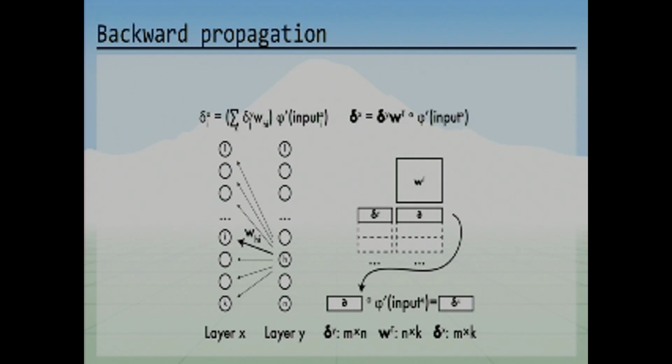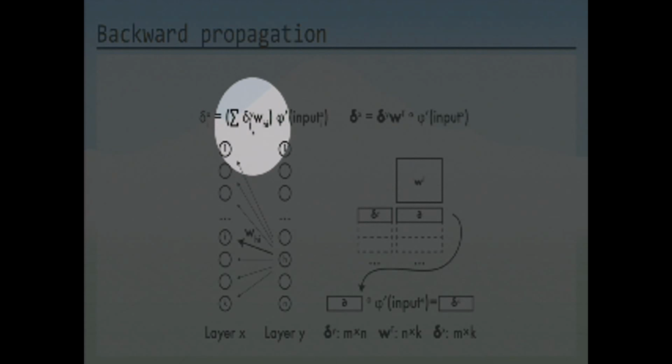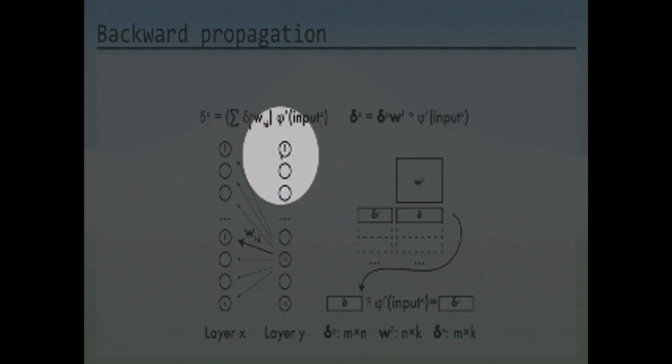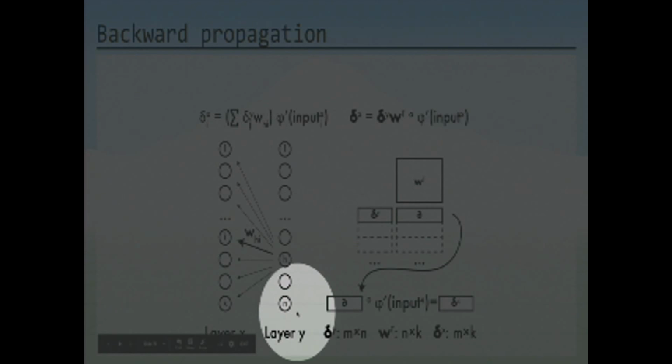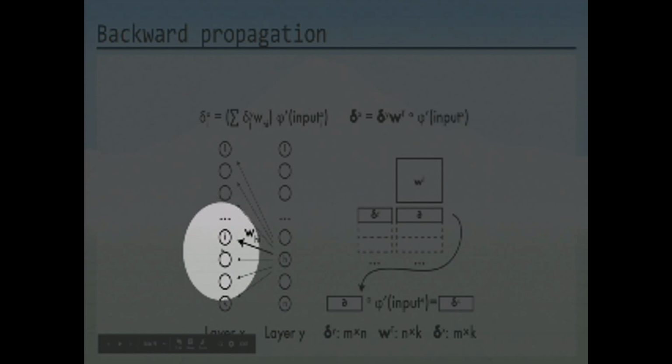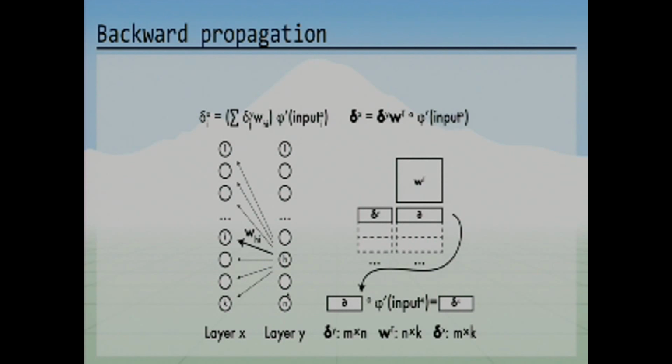This should be h, I think, instead of j. I switched from using j's because it looks like an i, which was very confusing, so I switched to using h's. But this is going to be a sum of the delta information in layer y multiplied by the weights that connect node i to layer y.